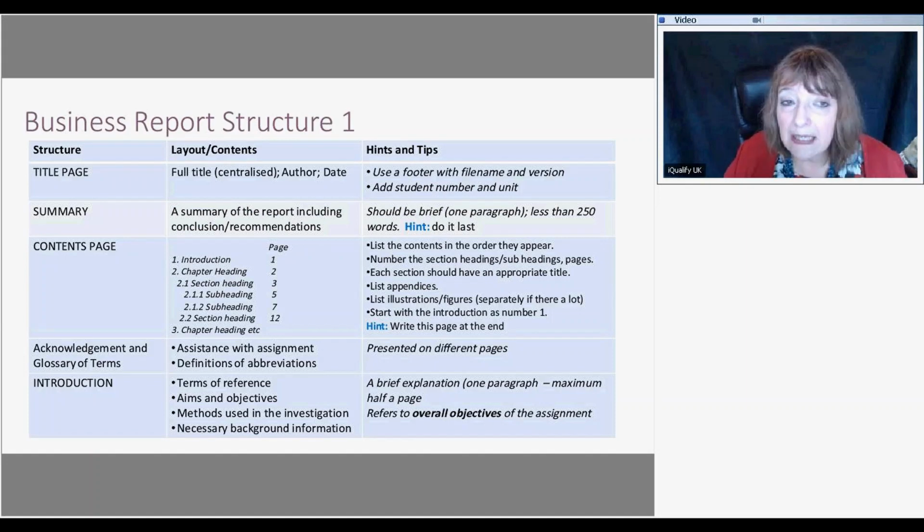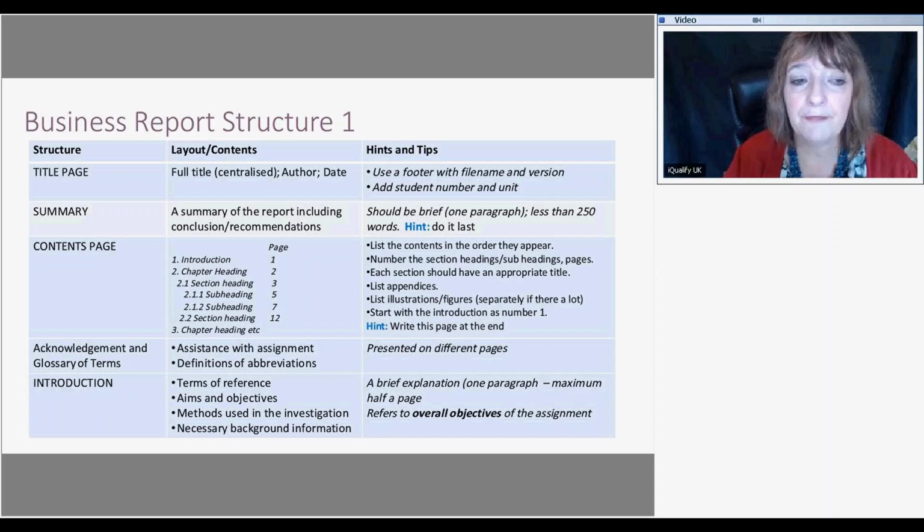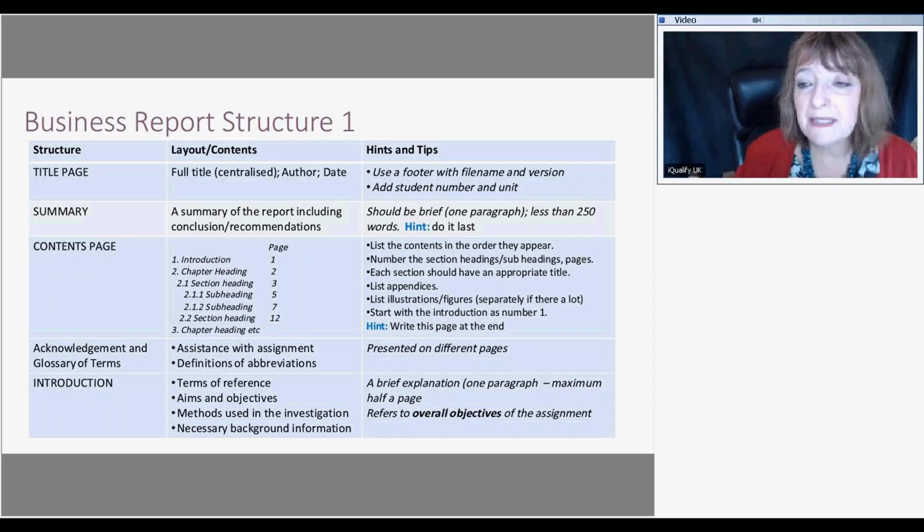So I've got here a basic business report structure which you might find useful. Depends how you're writing it, because it's not forcing you to do one thing or another. But that's the structure: title page, summary, contents page, acknowledgement, glossary of terms. This is page 1, by the way, and then there's page 2.